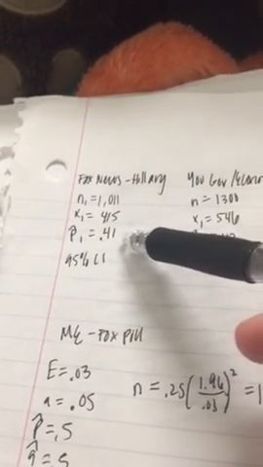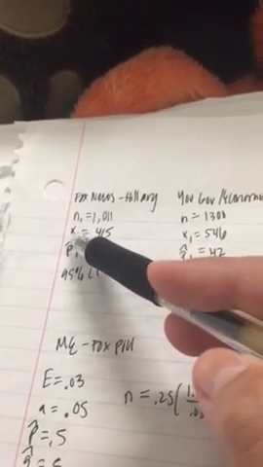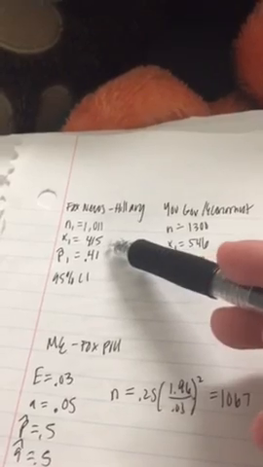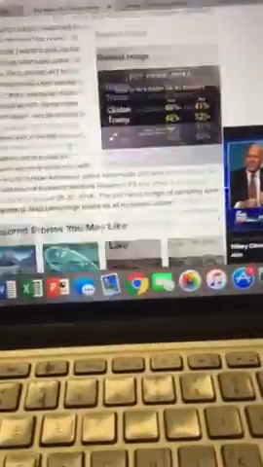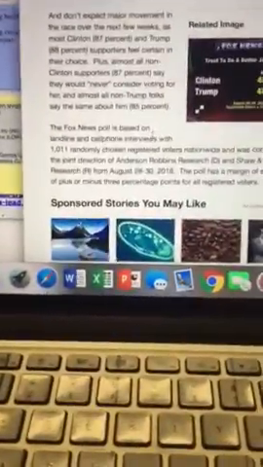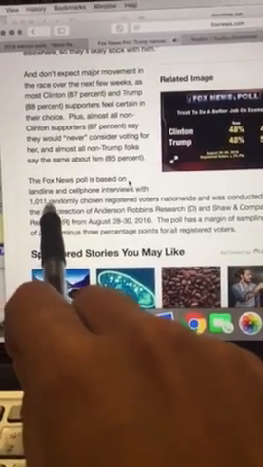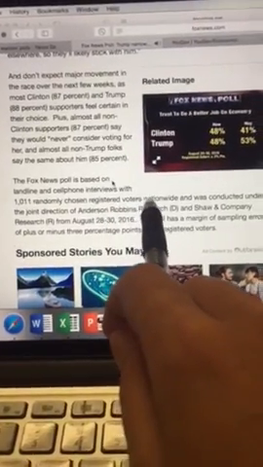And then x1 is another thing you need for the confidence interval, which is just the proportion out of the n, where n is the sample size. So you go down farther, and at the bottom it says this poll is based on 1,011 randomly chosen voters, so that's n1.